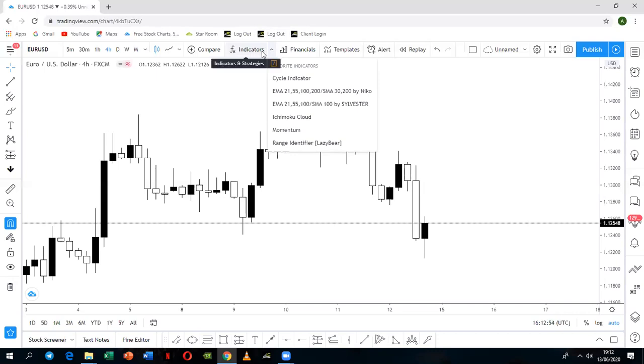Okay, I'll begin with the first one. We're going to look at the Ichimoku cloud on the relative strength indicator. So let's begin with the Ichimoku cloud. This was the very first indicator I got acquainted with.